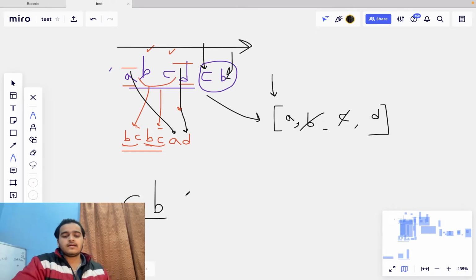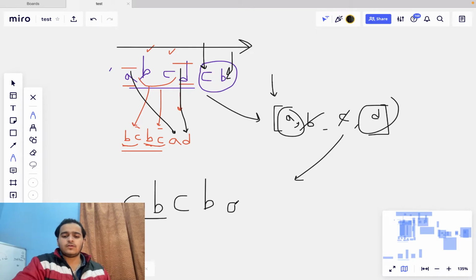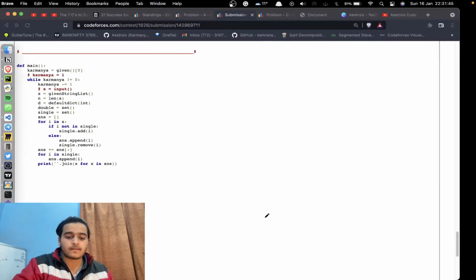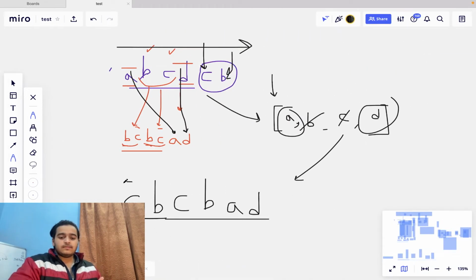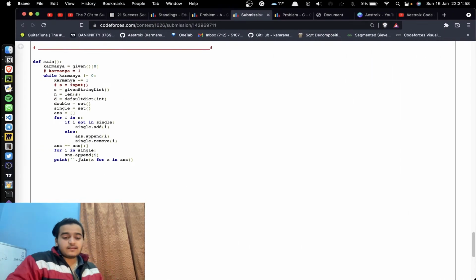Then I repeat my answer again, and I add the remaining elements in the set to my final answer in whatever order they may be. So AD. This is my answer: CB, CB, AD. I double that answer, which means CB, and then again CB, because they are occurring twice.